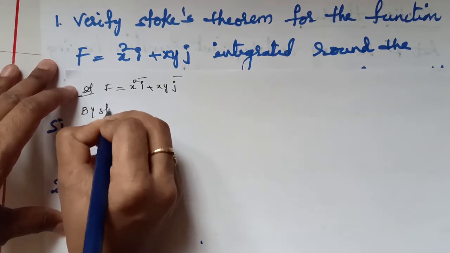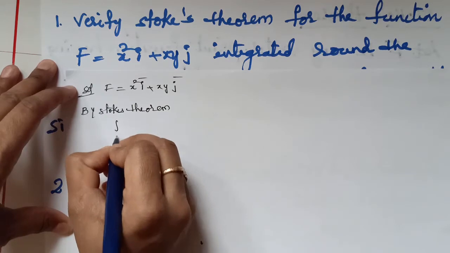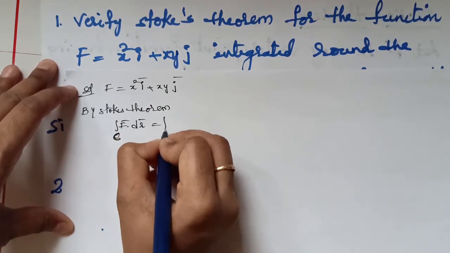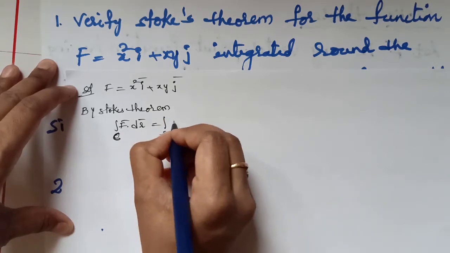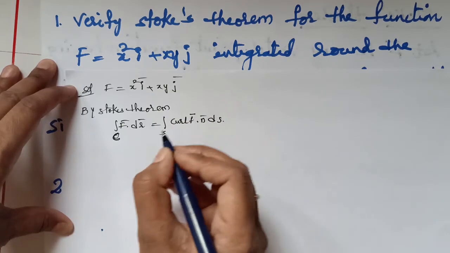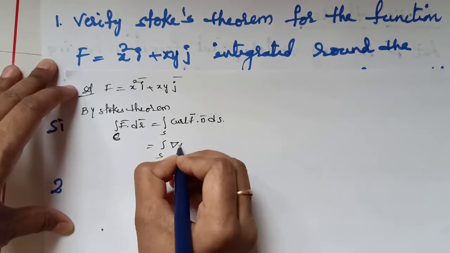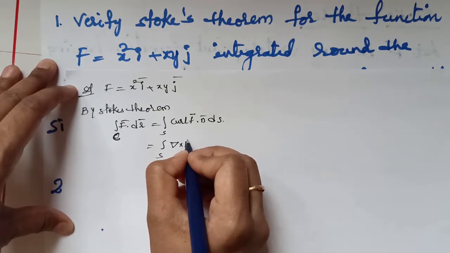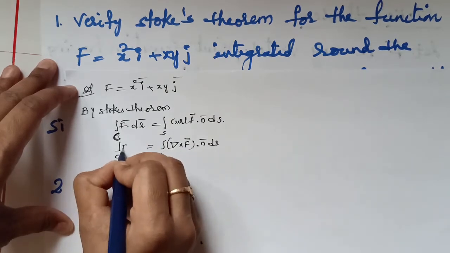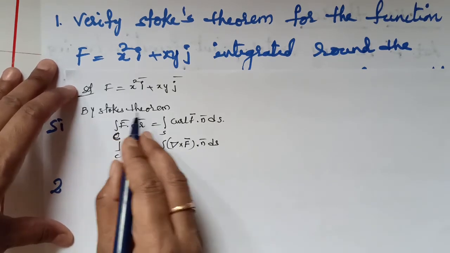By Stokes theorem, we have the line integral of f dot dr bar is equal to the surface integral of curl f bar dot n bar ds, which is the surface integral of del cross f dot n bar ds. This is the statement of Stokes theorem.